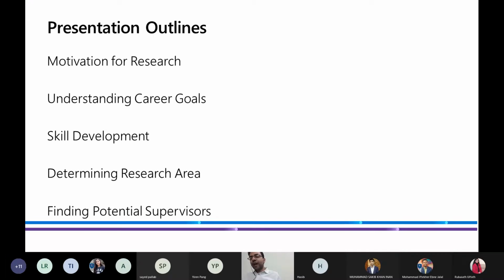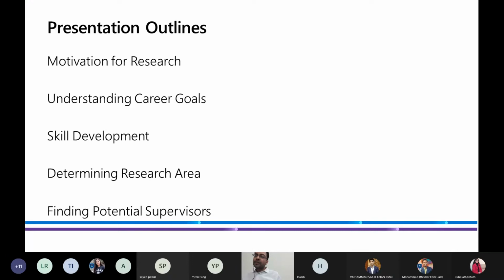To find the correct motivation, you need to be active as well, because motivation doesn't just come like that. You have to explore several things from where you can find some motivation, and you have to realize why you are doing research or why you should do research. Is it connected to my career goals as a whole? Probably yes, probably not.